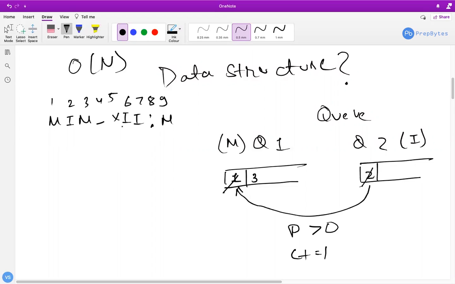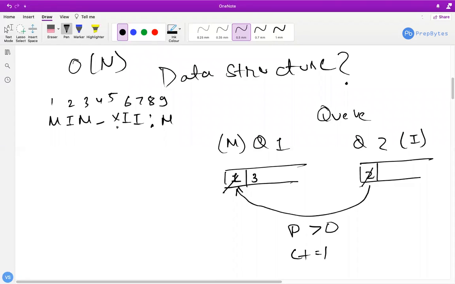But what will happen when we encounter X? When we encounter X, is there any need now to store the values in a queue? If suppose in any example there is also some value present in Q2 and also some value present in Q1, is there any need to store them when we encounter X? Because either of them must be empty, otherwise they would have been matched before that.